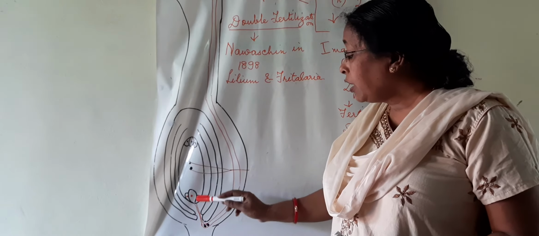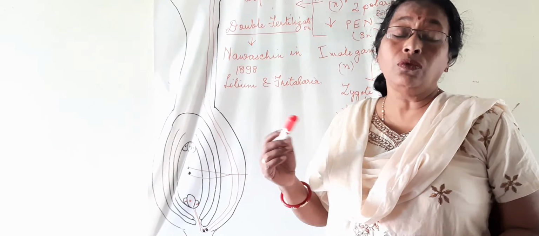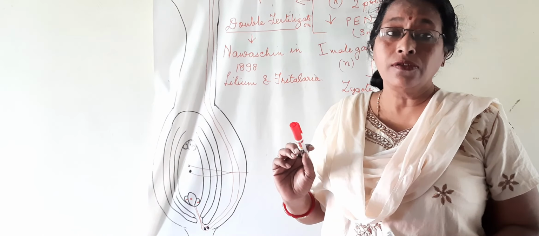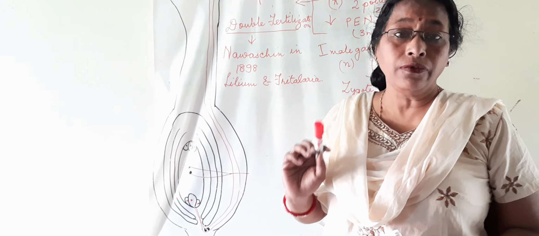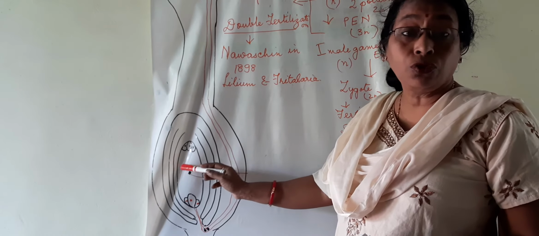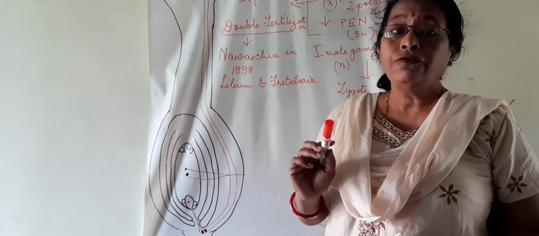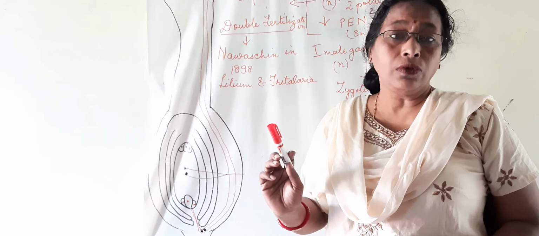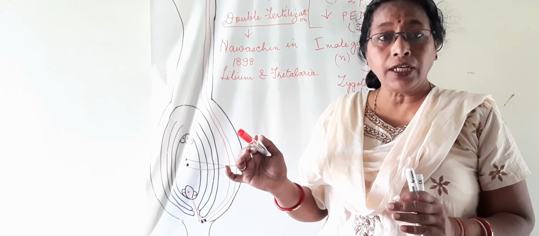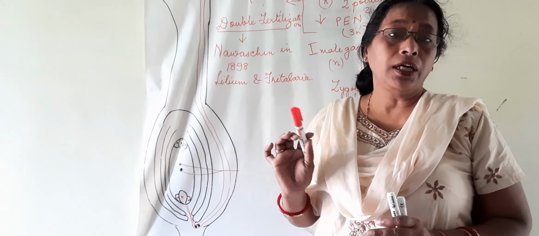Now one of the male gametes fuses with the egg cell, which is known as syngamy, and it results in a diploid condition known as the zygote. The second male gamete will fuse with two polar nuclei and result in the formation of the primary endospermic nucleus, which is triploid. So this was double fertilization, which is a very important characteristic in the angiosperms.